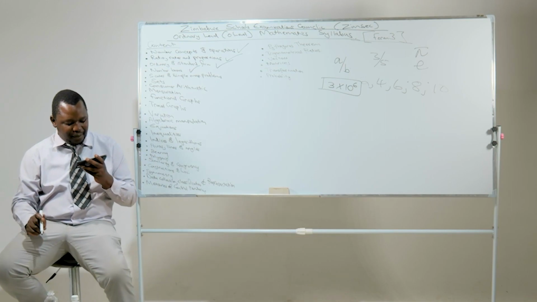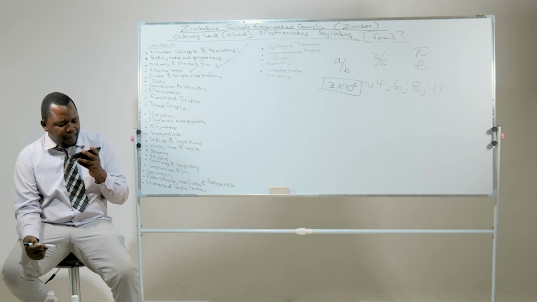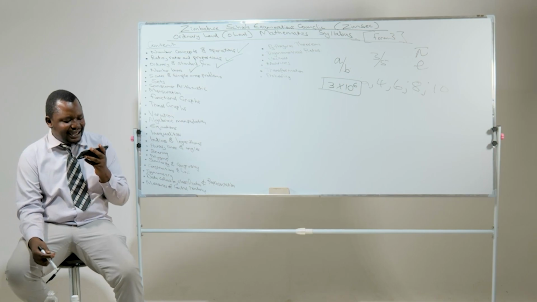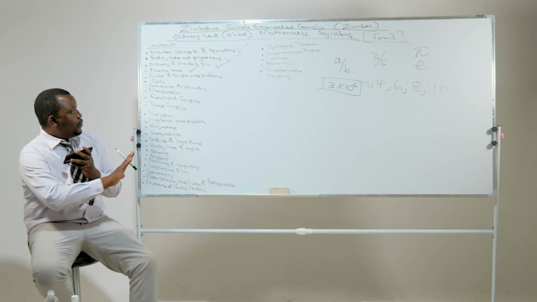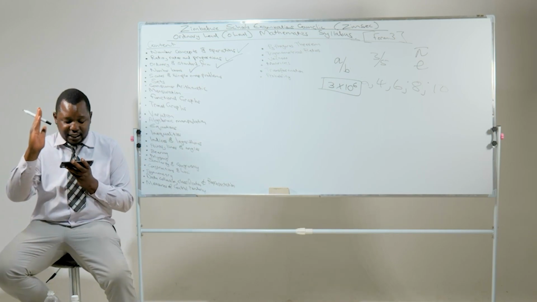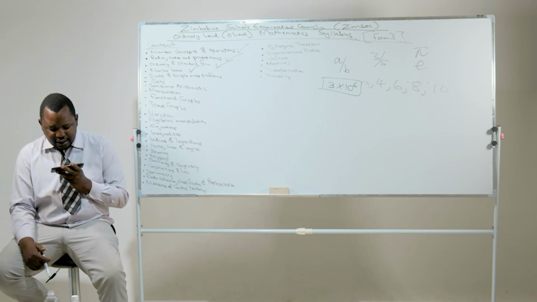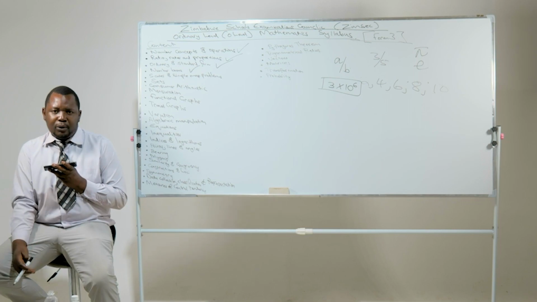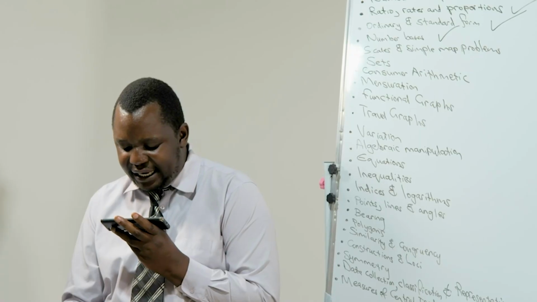Another objective is to solve problems involving distance and area using scale. Don't worry about that, we are going to look at it in our next lecture series. The content of this topic: we're going to look at a scale factor and also an area factor.